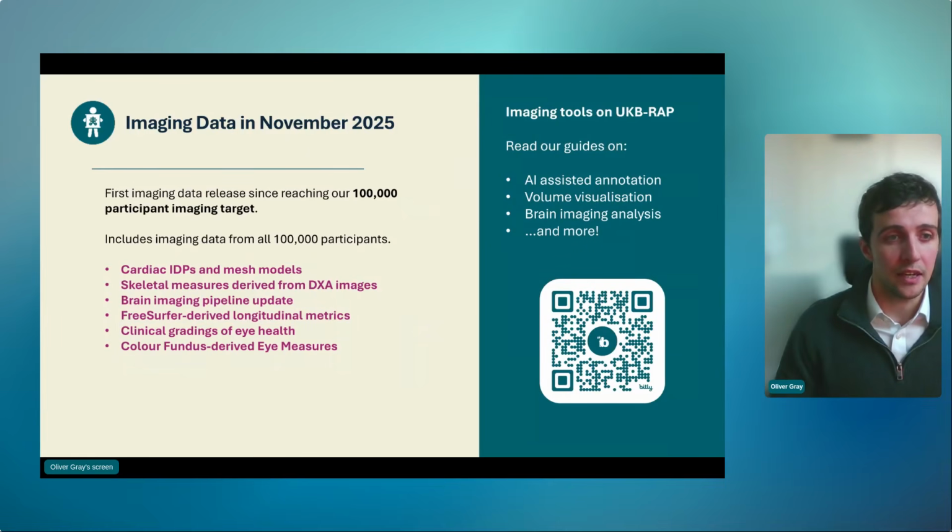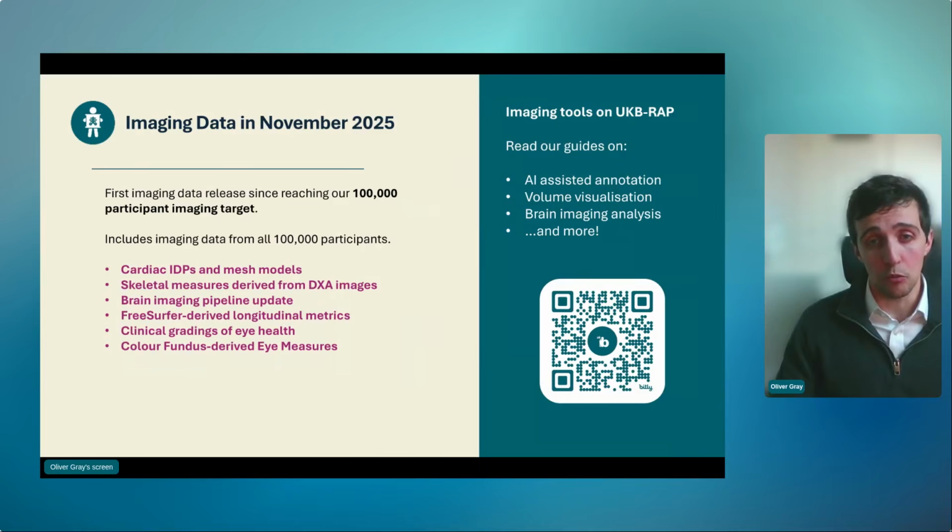We've included imaging data from all 100,000 of those participants across cardiac IDPs and mesh models, as well as skeletal measures derived from the DEXA images, a major update to the brain imaging pipeline data, additional FreeSurfer longitudinal metrics, as well as clinical gradings of eye health and color fundus derived eye measures.